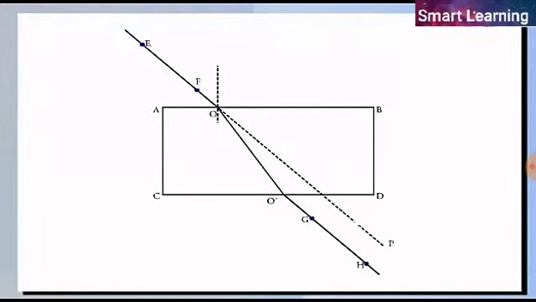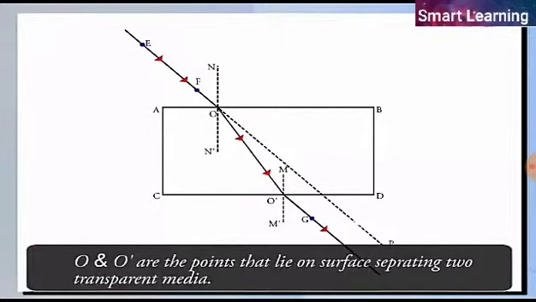Draw perpendicular N to AB at O and M perpendicular to CD at O'. Now here, you can easily note that the ray of light has changed its direction at points O and O'. O and O' are the points that lie on the surface separating two transparent media.